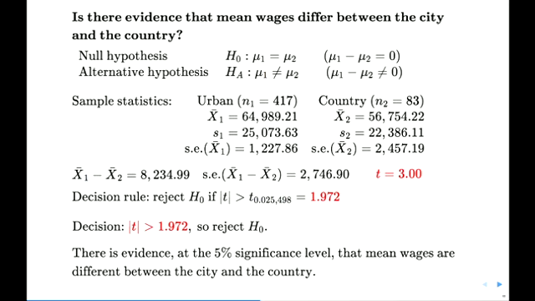Now, as it happens, the sample mean for the city wages is bigger than the sample mean for the country wages. Now, notice we haven't tested whether it's bigger, we just tested whether it's different. So be careful with the choice of words in this final sentence to say that the mean wages are different, because that's what we tested. If you wanted to test whether the mean wages in the city were higher than mean wages in the country, then you would do a one-tail test.